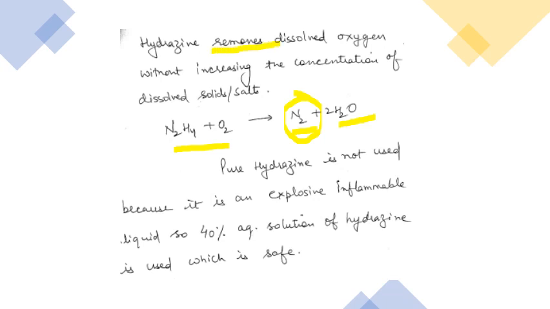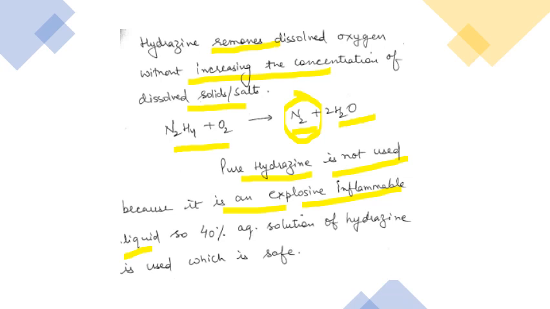Hydrazine removes the dissolved oxygen without increasing the concentration of any other dissolved solids and salts. So this is an ideal chemical, but pure hydrazine is not used for the removal of the oxygen. Why? Because it is an explosive inflammable liquid. It is not safe to use pure hydrazine because it is a highly explosive inflammable liquid which can create an accident.